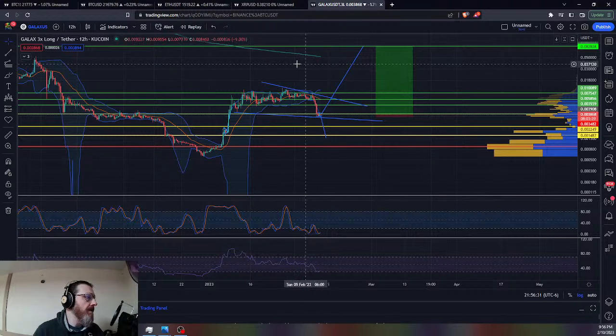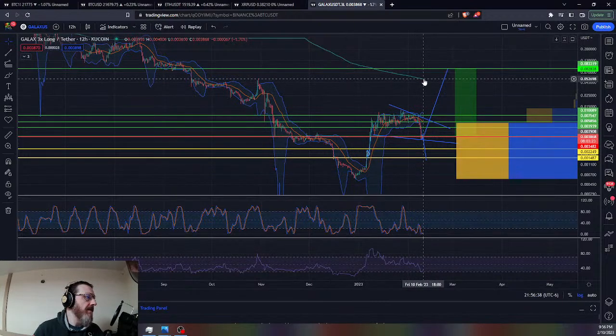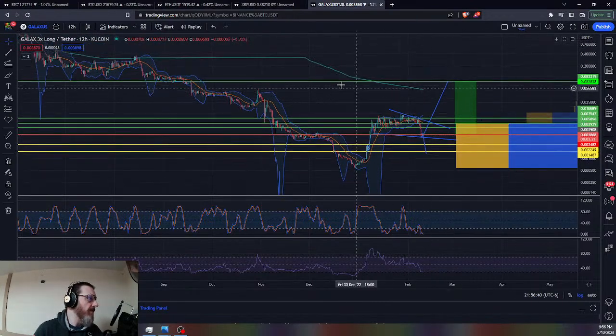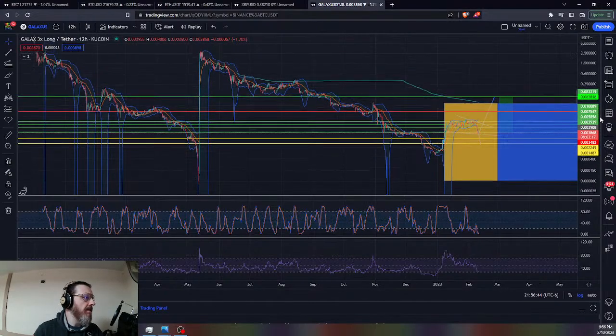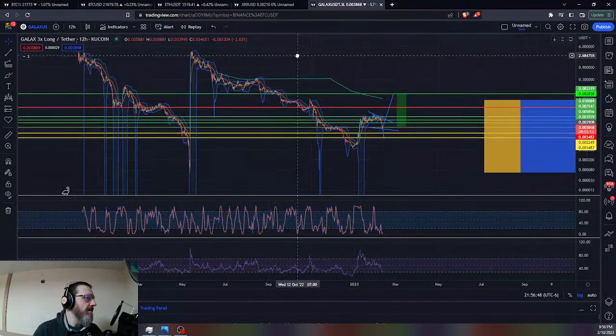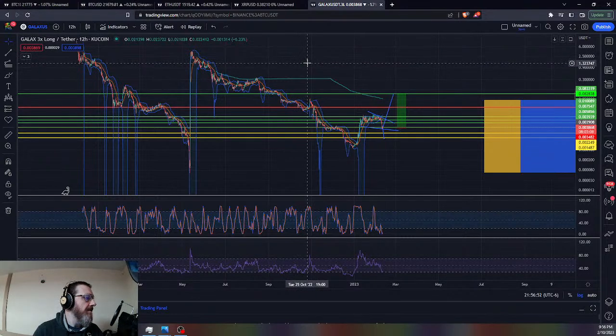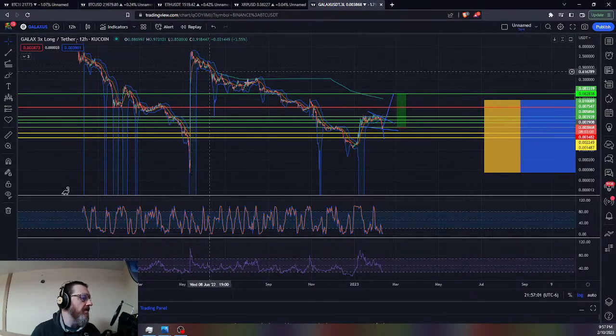there is always a good chance that you're going to gravitate towards this 200 daily moving average. It's been quite a while since the longs have even touched that on this asset. And this thing just made a massive short squeeze move before.